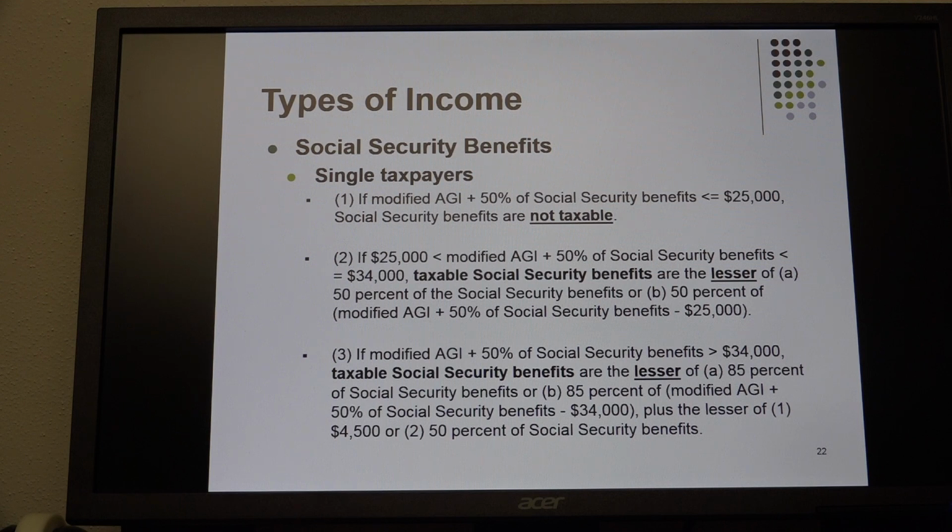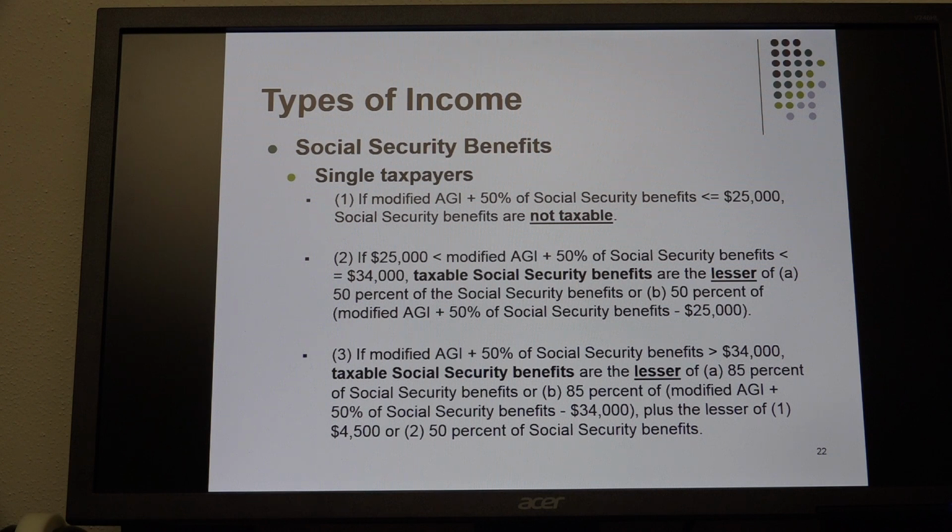So just notice the numbers. First of all, they have this thing called modified AGI. You don't have to know what modified AGI is, but notice the income levels here. Pretty low.